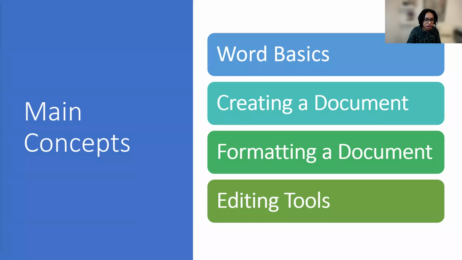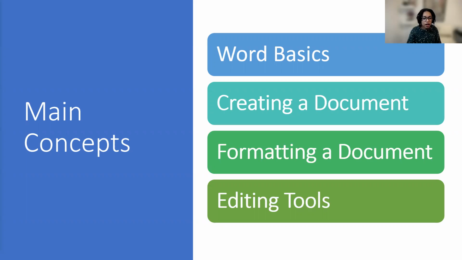Let's jump in and talk about some of the main concepts we'll be covering today. So first of all, we'll talk about how to access Word through Office 365, that free service we talked some about last week. And we'll just do a general interface tour.